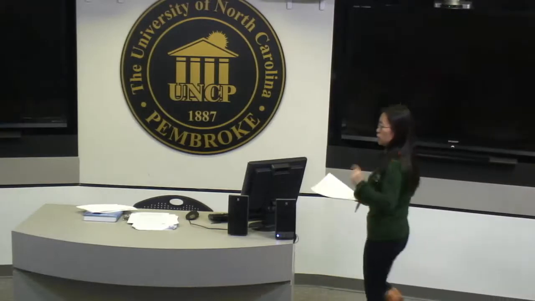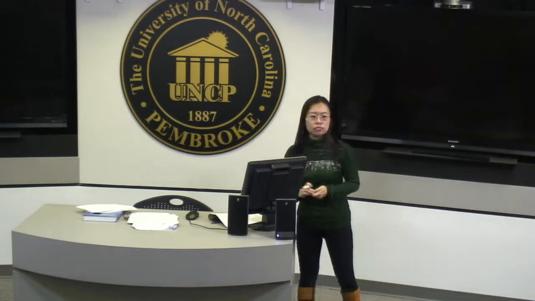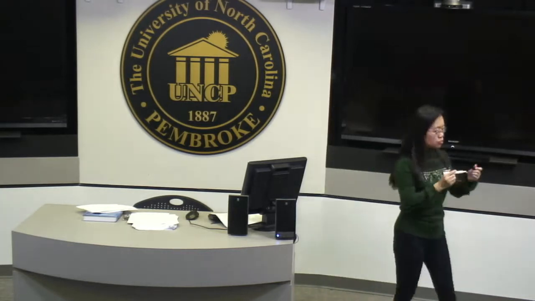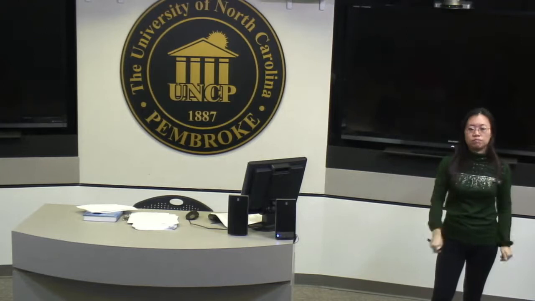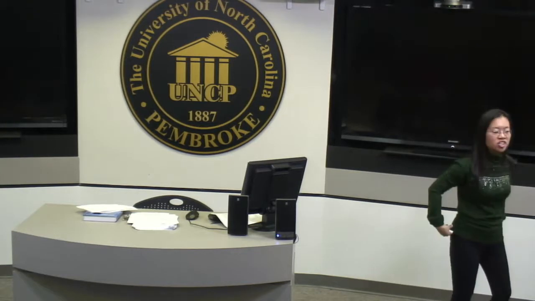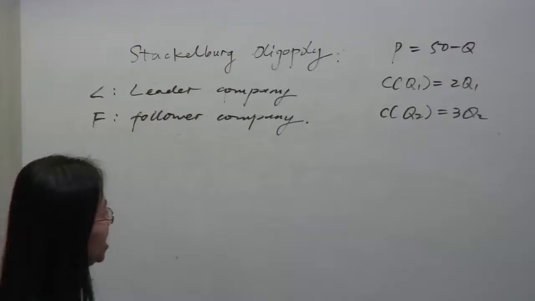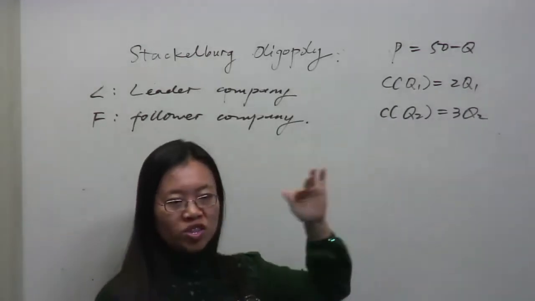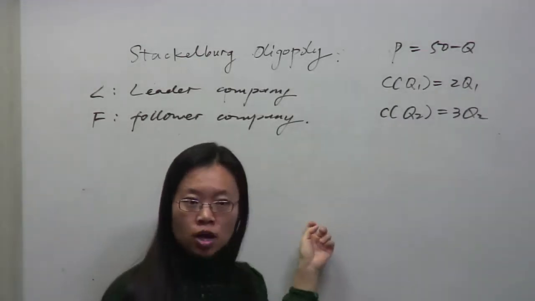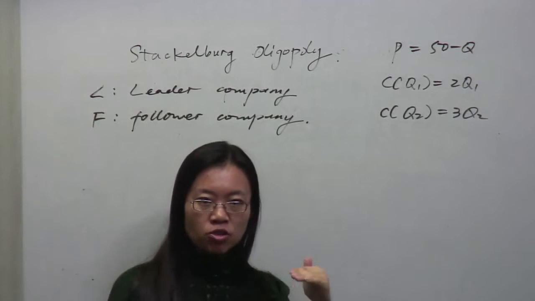What's the difference between this example and the example I gave you before? The cost is different. Two different cost functions. Right, so this is not a symmetric case anymore. Even if it were symmetric, we could not use the methodology we used before because it is a leader-follower situation.